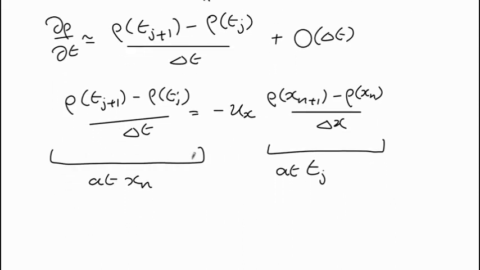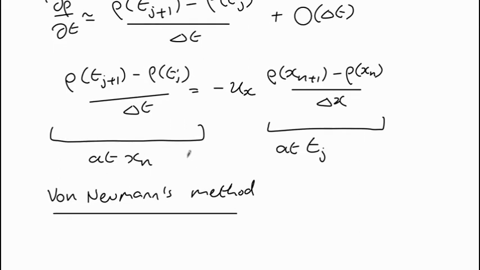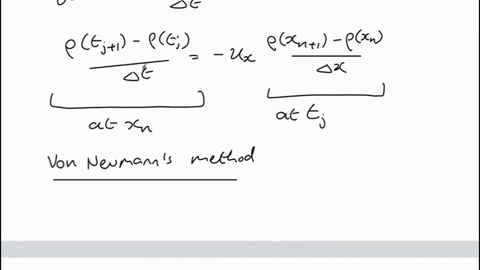Okay, so then we're going to apply the von Neumann analysis method. The idea here is that we put in essentially a trial solution for what rho looks like. So we say that rho is some function of x and t.